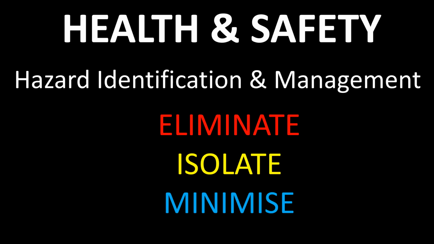We can put fences around it so that we can keep away from it. We can measure from a distance rather than close up. So the next one obviously is isolate, and that means the hazard's still there, but we can fence it off or distance ourselves from it.